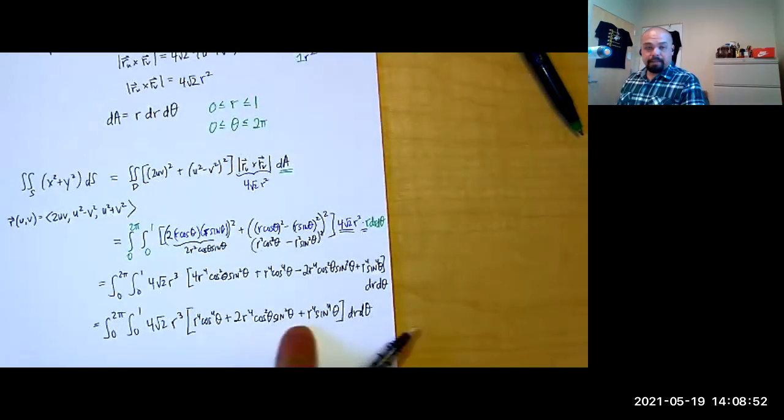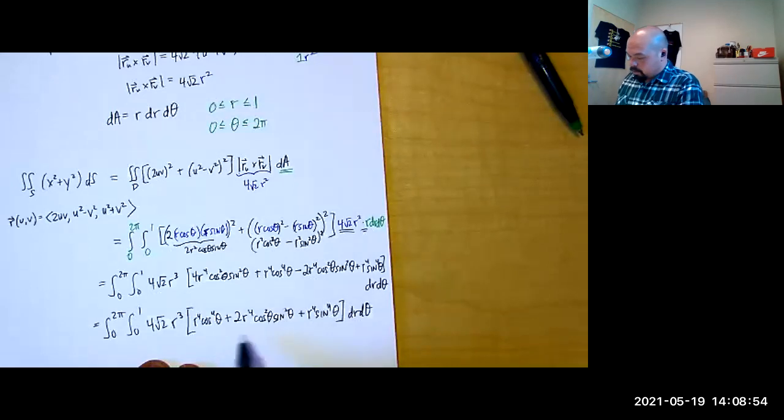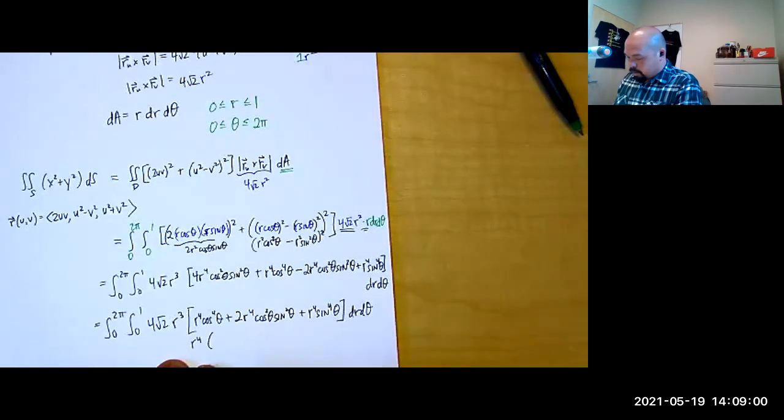And here we might see some of those simplifying techniques, right? We can factor out r to the fourth, and then this becomes cosine squared theta plus sine squared theta, squared, dr d theta.